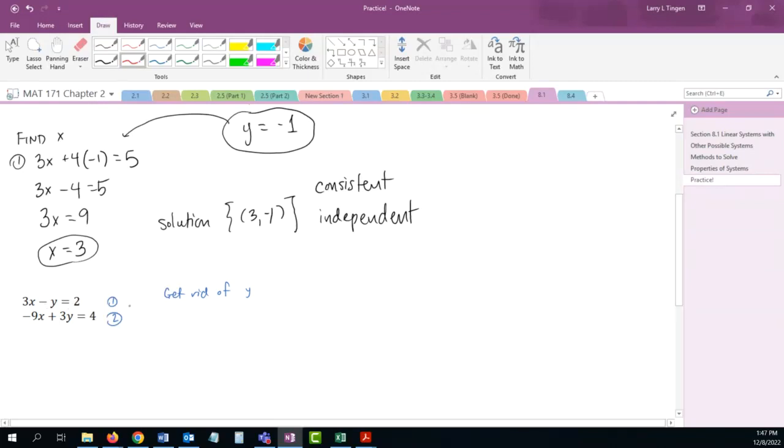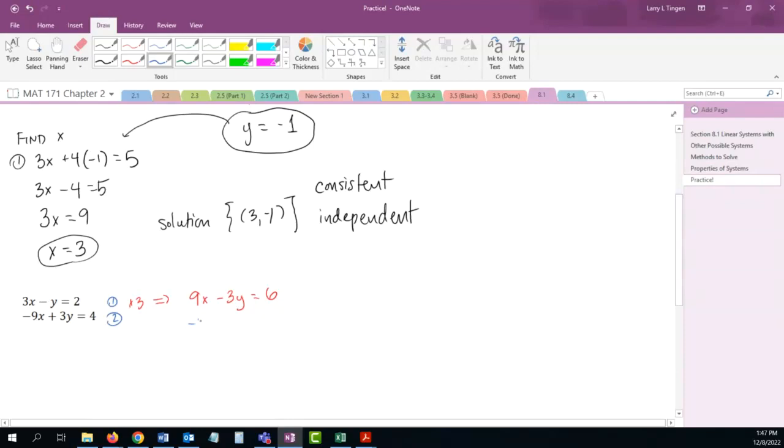Because if I multiply equation 1 by 3, I'm going to end up with 9x minus 3y is equal to 6.